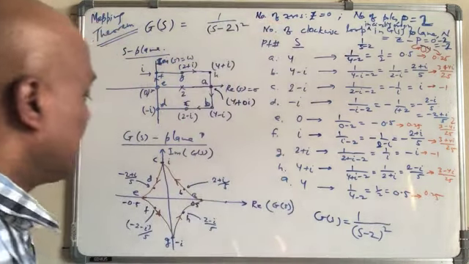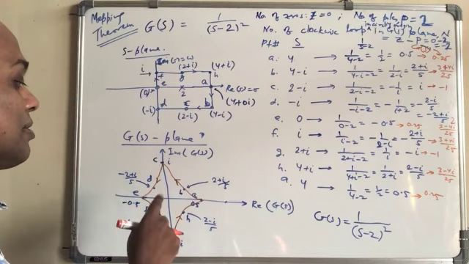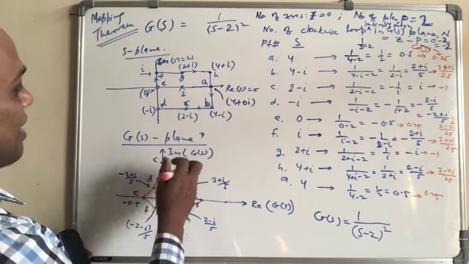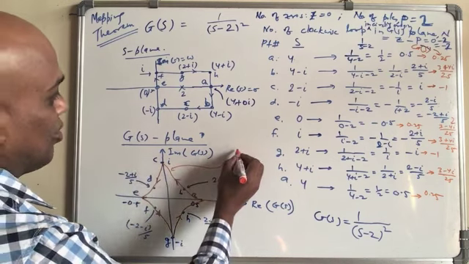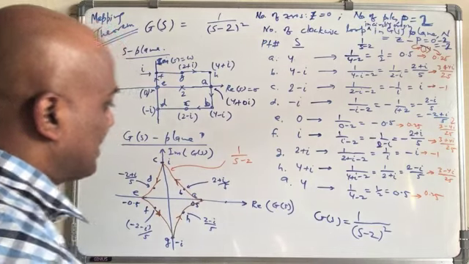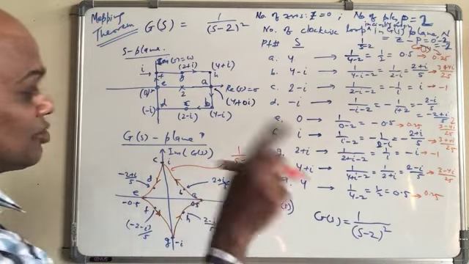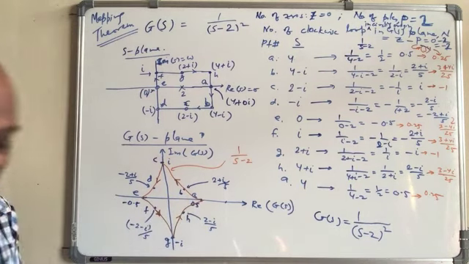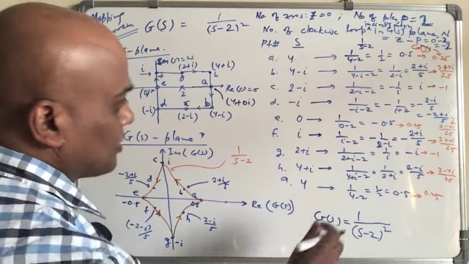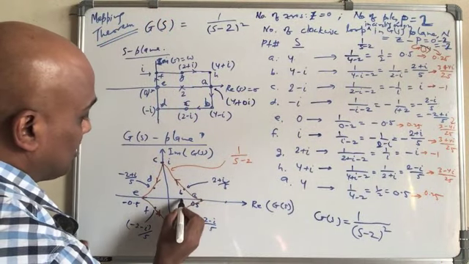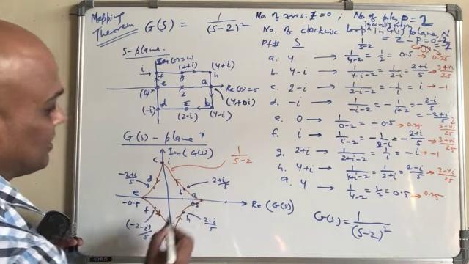Okay, so if you want to plot how it looks, this one was the original 1 over S minus 2. Now what I'm going to plot will be the (S minus 2) squared. Let me plot in black. Start from here, 0.25, so it will be at this point.